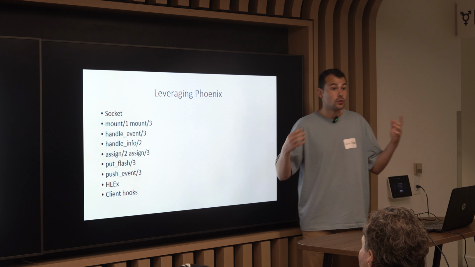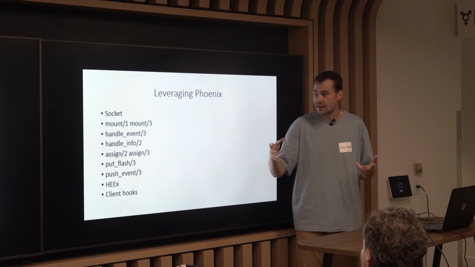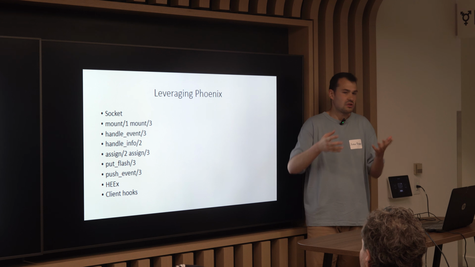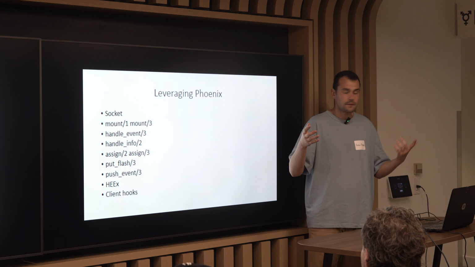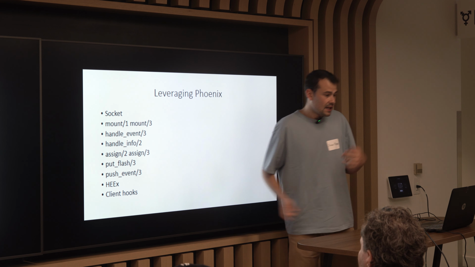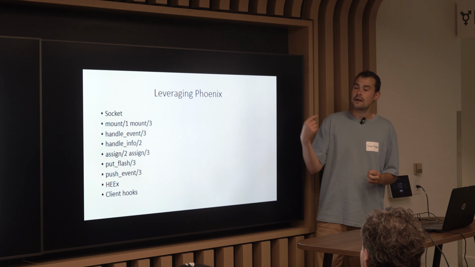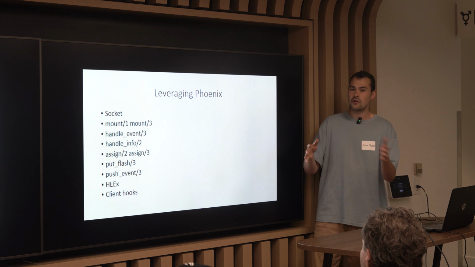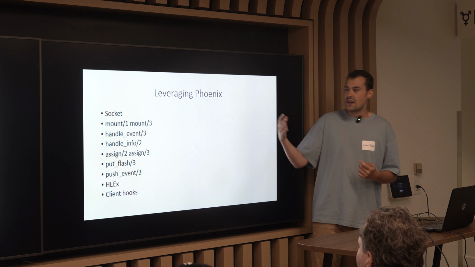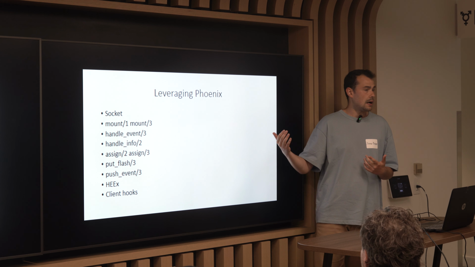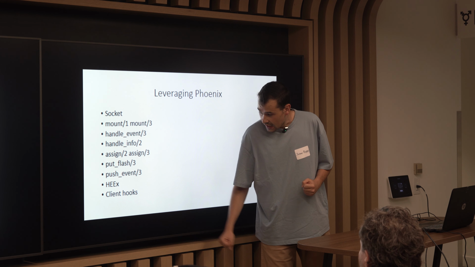Put_flash informs the user in the front end about something important, for example, the file was uploaded successfully. Push_event, that is quite useful, is to send information directly from the backend to the front end without waiting for a reply from the backend. And the templates and the client hooks.